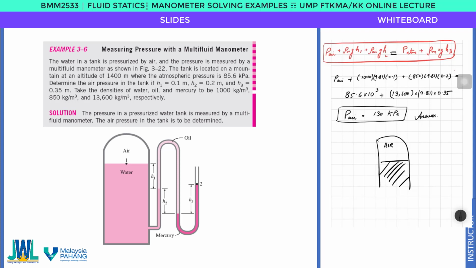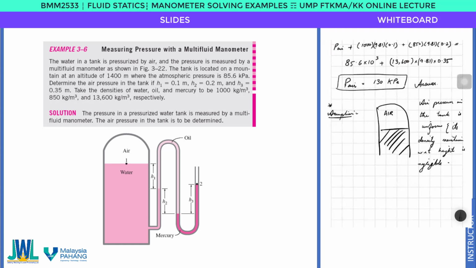The assumption is that the air pressure in the tank is uniform, which means the density variation with respect to height is negligible. Why are we saying this?